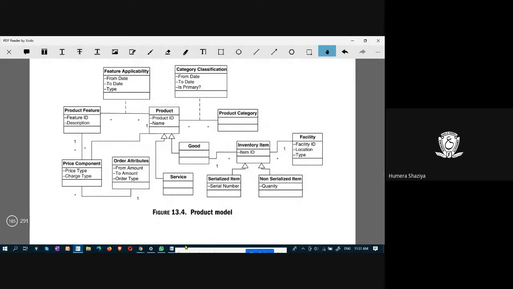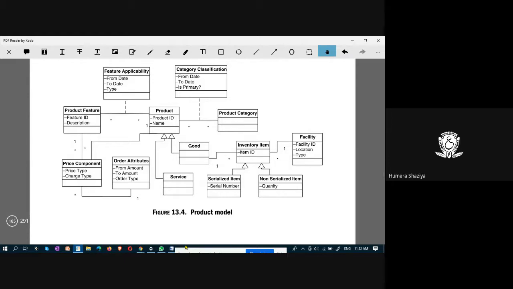You see here there is feature applicability, from date to date, type of product, from which date to which date you can use. Category classification, from date to date is primary. Is it a primary product or a product assembled from other products? Product feature, what may be the product feature, feature ID and description.